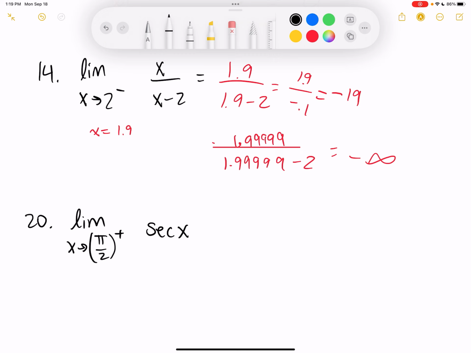All right. So pi over 2 from the right. Okay, so it's coming this direction. So just to visualize quickly here, we've got out to 2 pi.